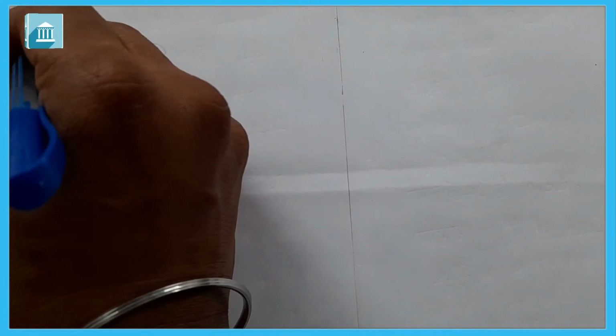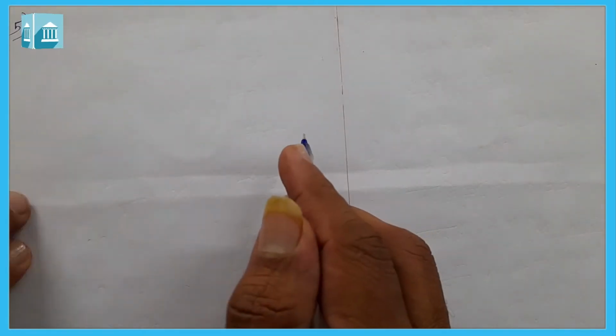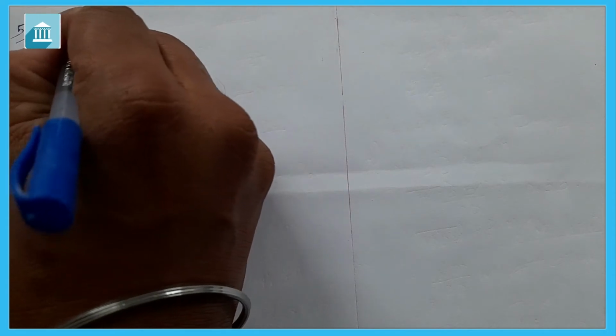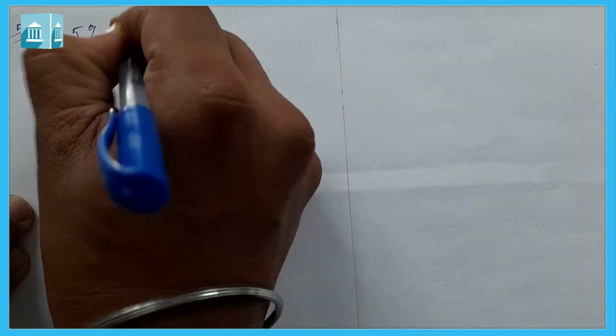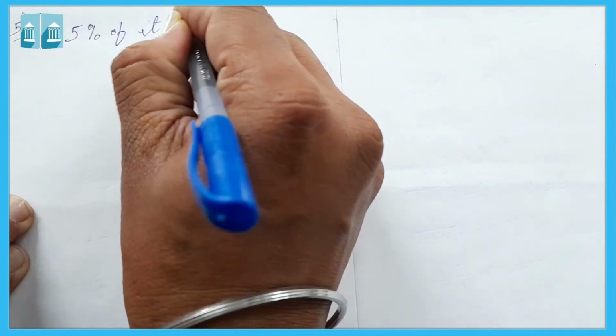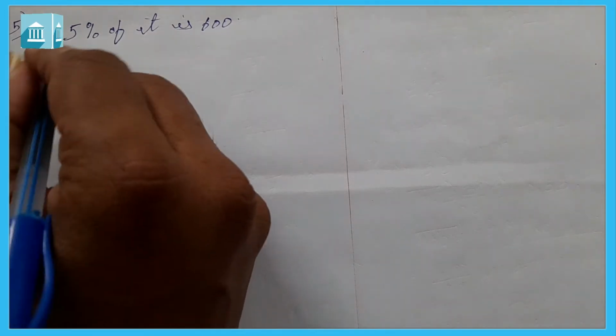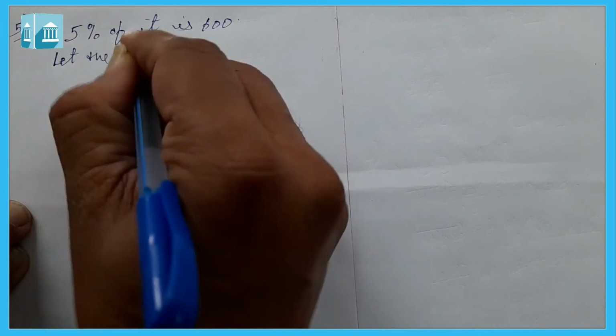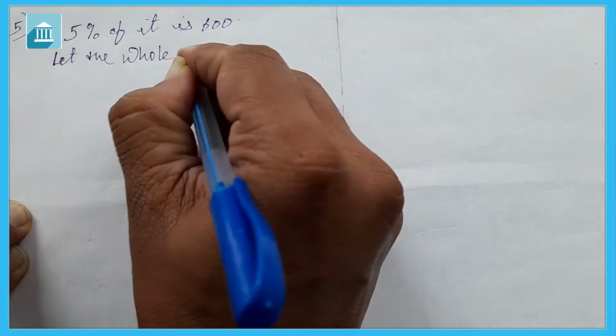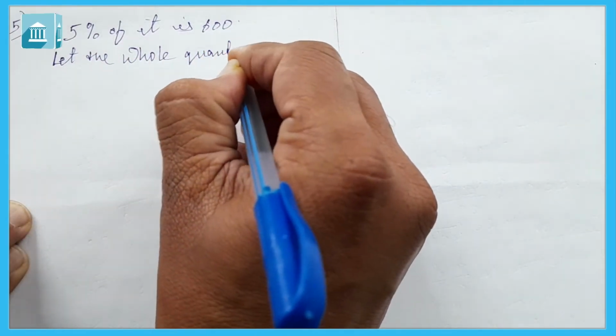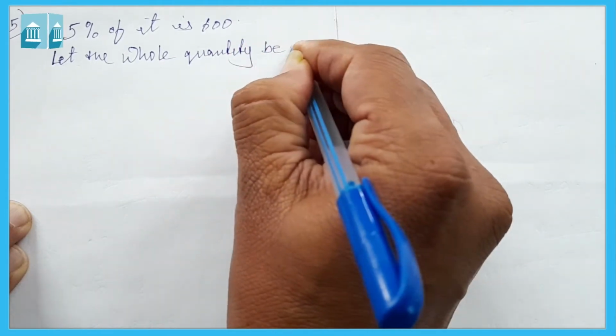Now let us see question number 5. Question number 5 is find the whole quantity if 5% of it is, here A it is given, 5% of it is 600, means here it is 5% given, we have to find out its whole quantity. Now we can say let the whole quantity be x.